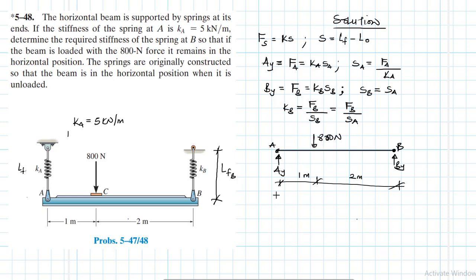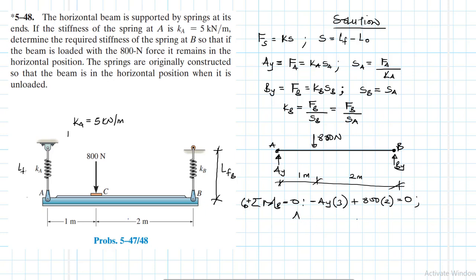So let me take moments about B. Summation of moments about point B equals 0, anti-clockwise being our reference. So I have AY, clockwise, which is going to be negative, by 3, and then plus anti-clockwise 800 by 2 equals 0.